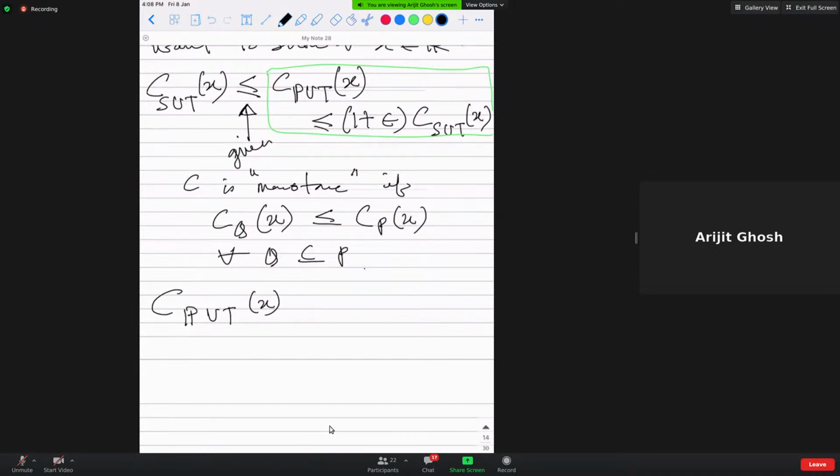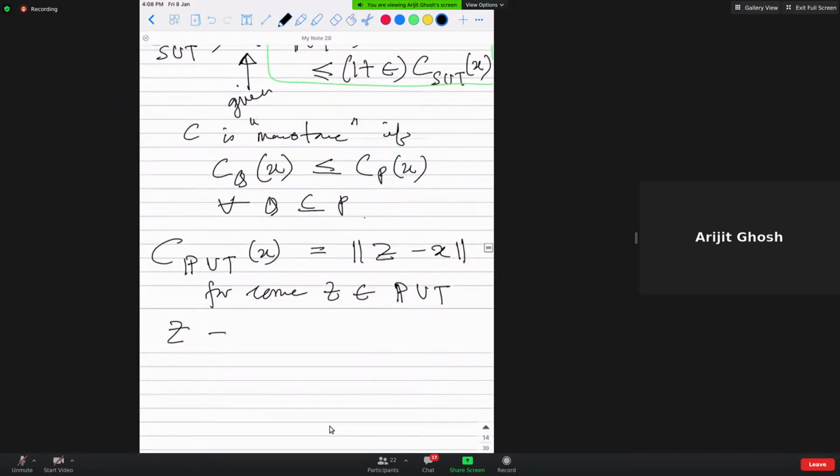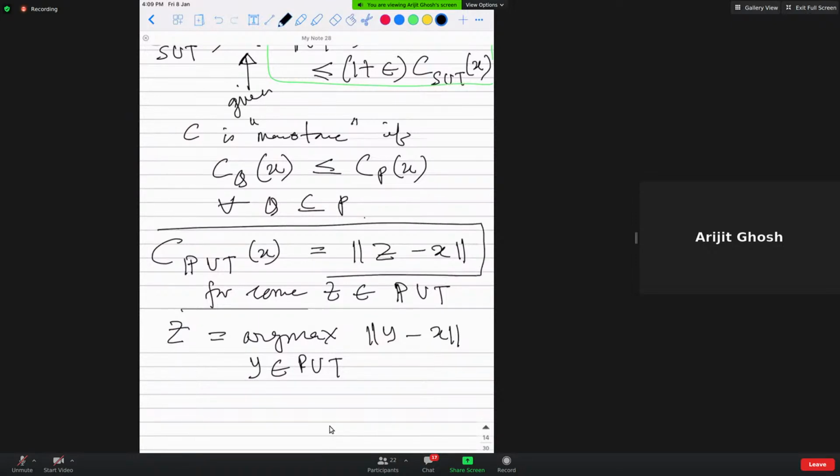Let this be equal to ||z minus x|| for some z, where z is the argmax over y belonging to P union T. This is basically saying there exists a point z which is farthest from x in P union T. Let's call that point z.